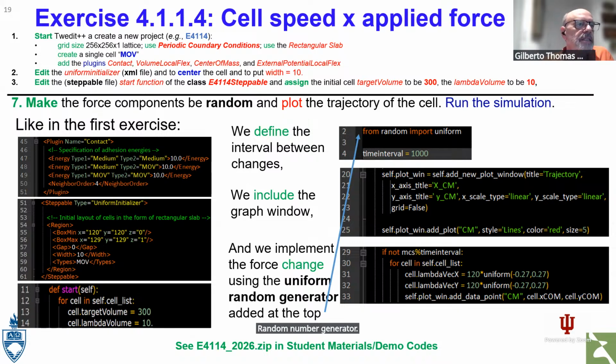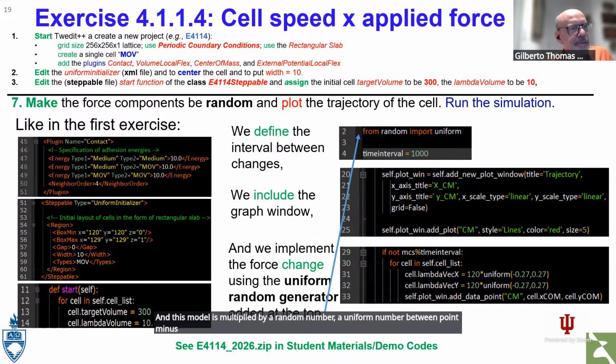Okay, and this is how we are going to change the values of the lambda vector. Look at this bottom panel here, lines 31, 32, the way I'm randomizing the lambda vec. There is a modulus, 120 for both, and this modulus is multiplied by a random uniform number between minus 0.27 and plus 0.27.